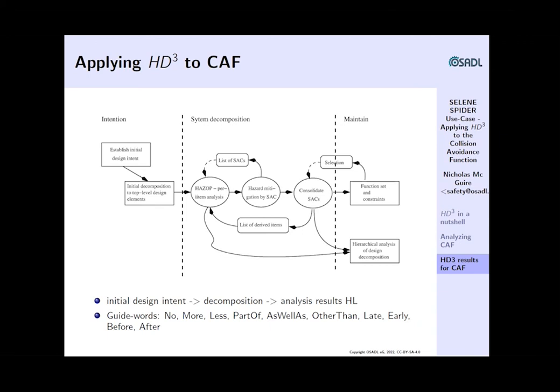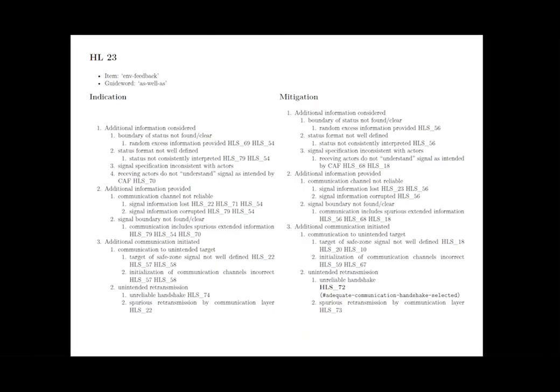Okay, next one, just briefly, it's a random grab, the high-level analysis element 23 in this case. One of the elements was end feedback, feedback to the environment, and that's sort of what you would get. You see the interpretation, and additional information was considered because the guide word is as well as.